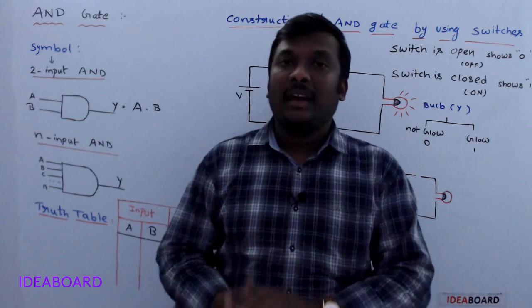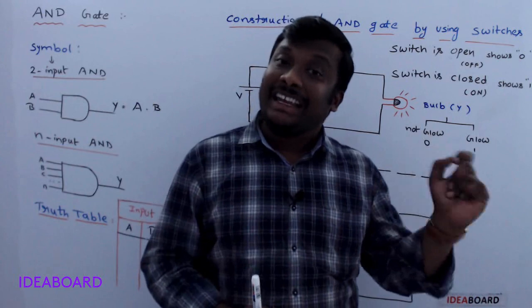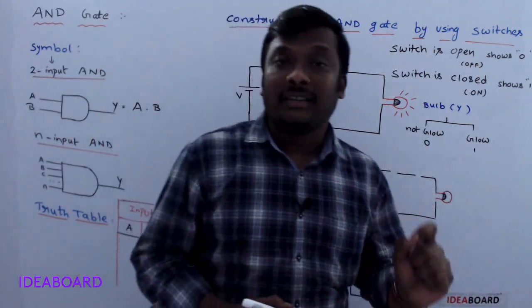The OR gate is a logic gate which performs logical addition, but the AND gate performs logical multiplication.